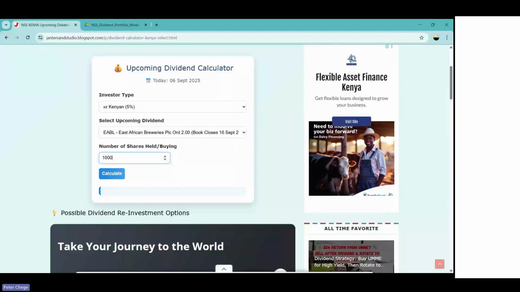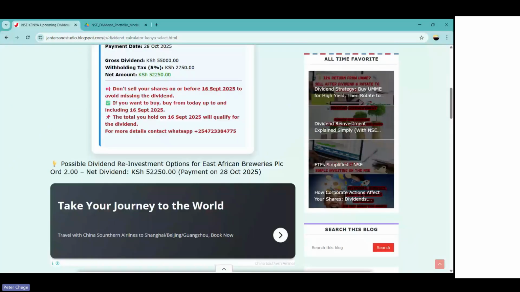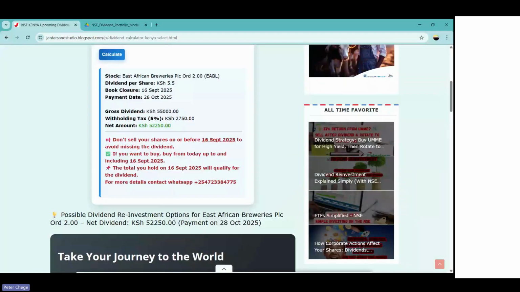It gives you a breakdown of what you expect in that share, even the net amount that you're receiving, the tax that will be withheld by the registrar, and the actual amount you will receive. And the payment day, book closure, it even tells you when you need to have shares. Don't sell on this date. If you want to buy, up to and including the 16th, the total shares you have qualify.